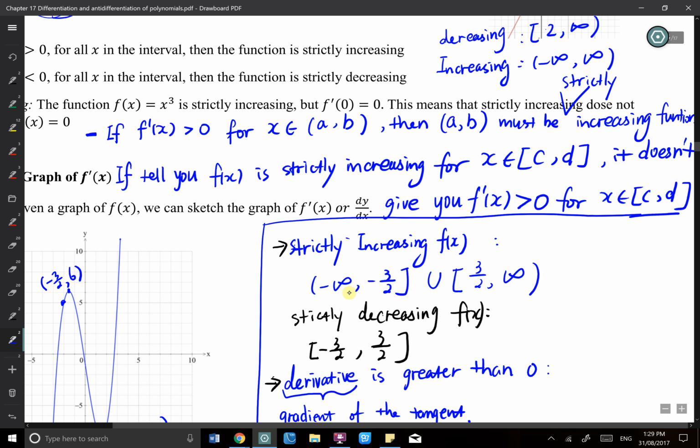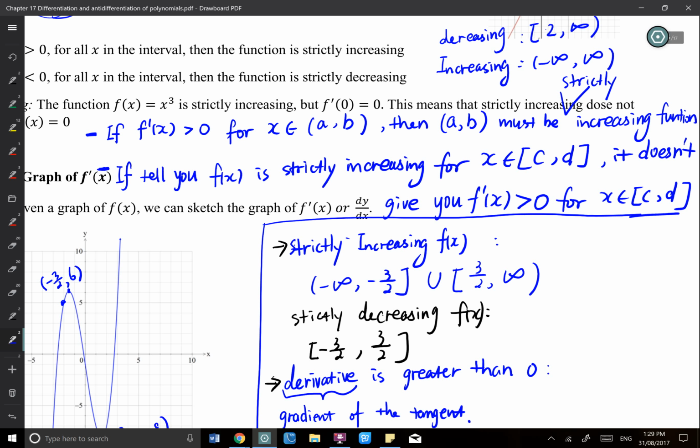Okay, that's the two things I'm talking about. So if you know f dash x is greater than 0 from one x to another x, then from that x to that x definitely is a strictly increasing function. But if you know from one x to another x is strictly increasing, it doesn't tell you all the points give you gradient greater than 0. It can equal 0. If I say it's greater than or equal to 0, that's correct. But I can't say that's definitely greater than 0.